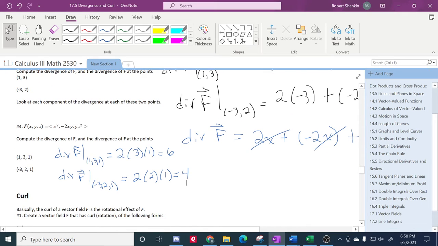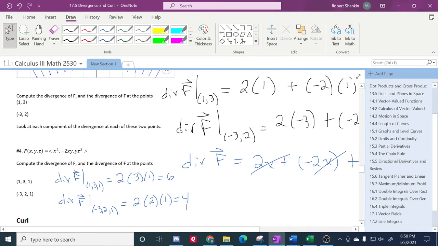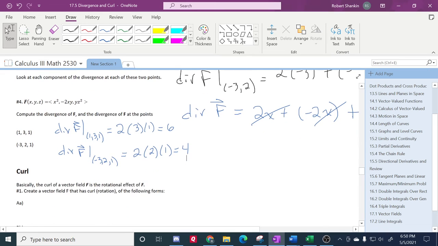Anything else? Comments or questions on divergence? Or we leave that and go to curl. Alright. Curl.